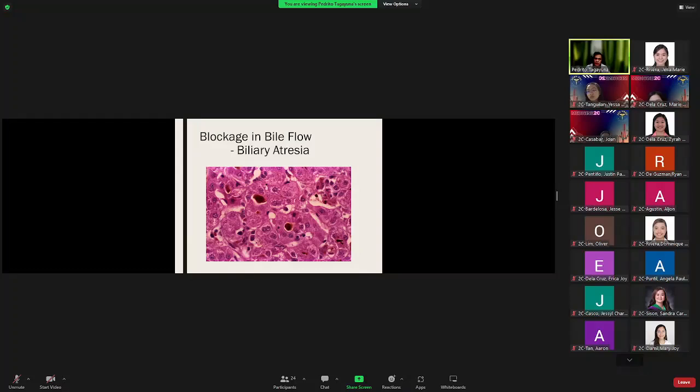When there is hemolysis of the red cell, hemoglobin is freed and becomes heme and globin, and heme will be further catabolized into bilirubin, which will be excreted in the bile. When there is obstruction in the bile flow, such as in this slide where there is biliary atresia, there will be damming back of the bile, and you will see these bile lakes.